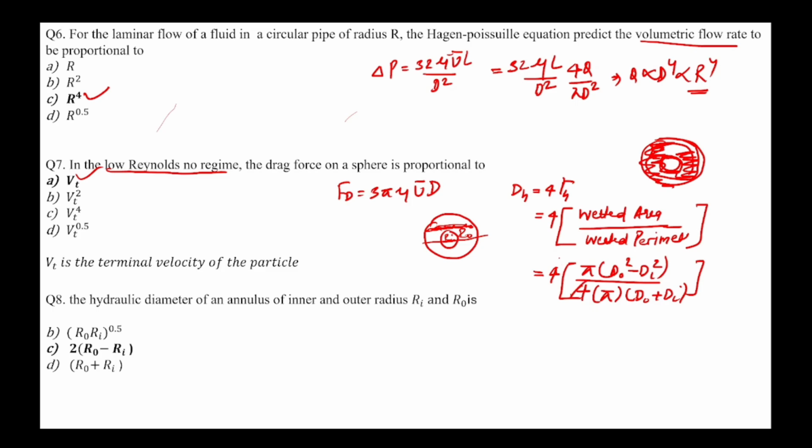Now 4 will cancel out, pi will cancel. So d naught square minus di square divided by d naught plus di. Now use the a square minus b square formula, then replace d by r, so you will get this.